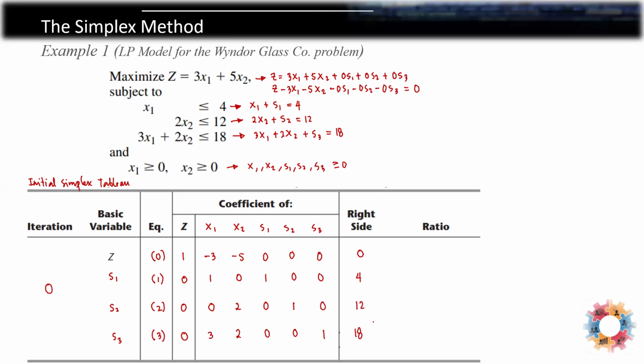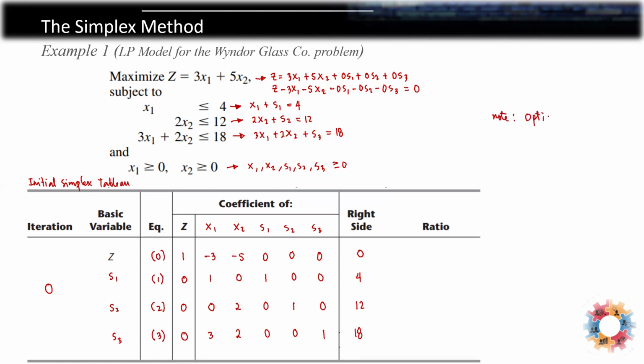Now, what we will do after setting up the initial tableau is check if the optimality test is already satisfied. Let me reiterate the optimality test, as indicated a while ago.